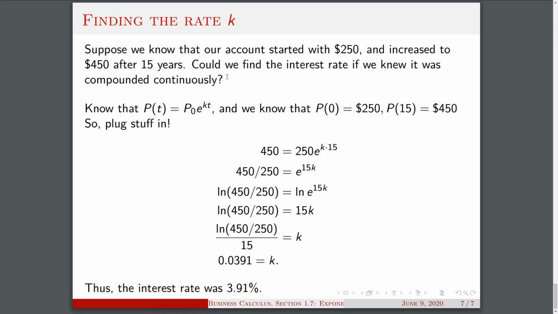So let's do that. I'm going to use this version of the exponential formula, the one with the e, because it's compounded continuously. And I know the initial amount in my account is $250, and the amount after 15 years is $450.